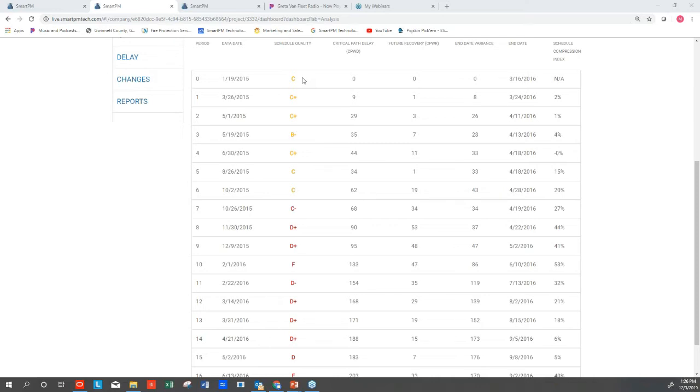Generally they'll put in logic from one floor to the next in concrete or structural trades, maybe put some logic in amongst the MEPs, but generally not put any logic in the schedule for things like drywall or carpeting or millwork, basically telling the schedule that there is no crew restraint.